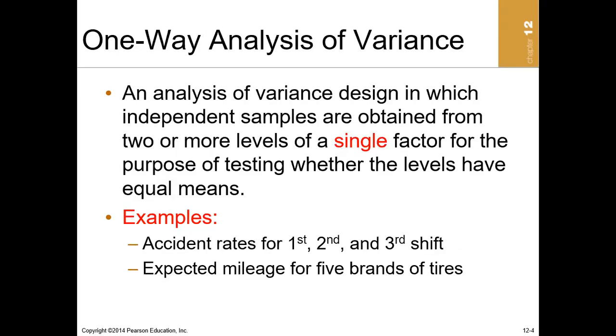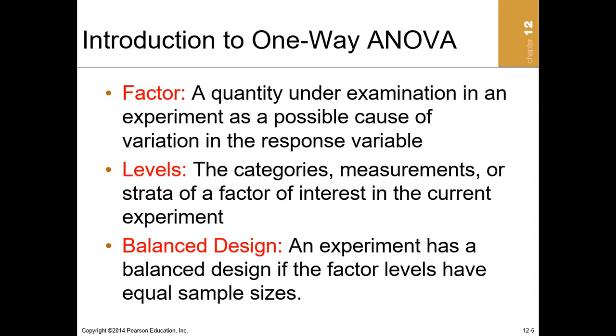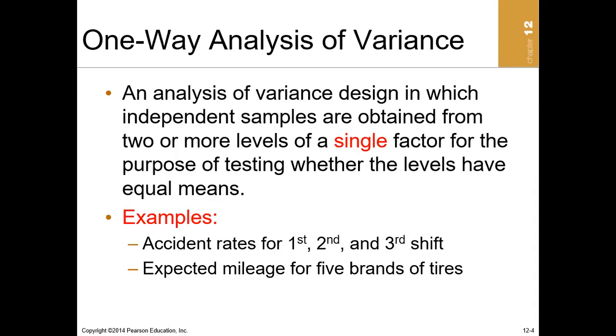Now, when it comes to one-way ANOVA, let's look at this example. How do we know the question is requiring us to do one-way analysis of variance? Let's assume that we have 3 separate classes, okay?